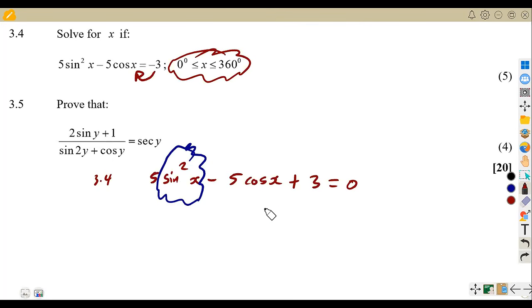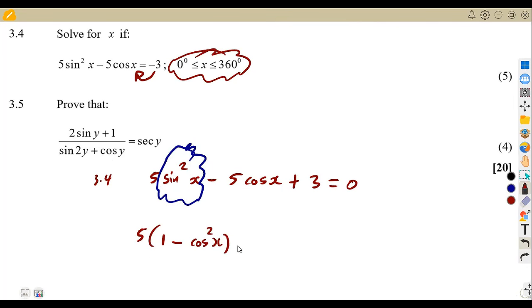because here we need a cos, but it was difficult to change a cos to a sine, so you have to change sine squared because we have got an identity which is straightforward there. All right, so that's it. So this will be 5 into, as we saw, we changed it to be 1 minus cos squared x. So this is what we now have.